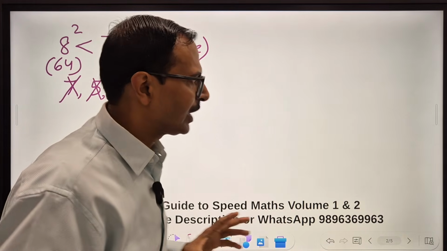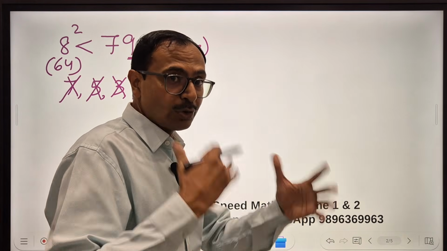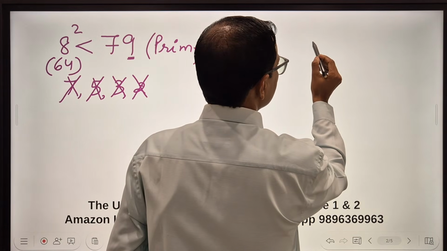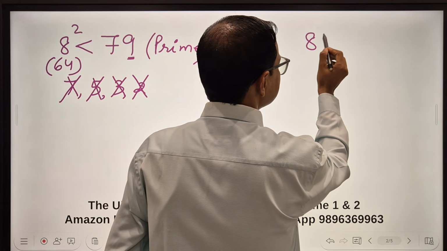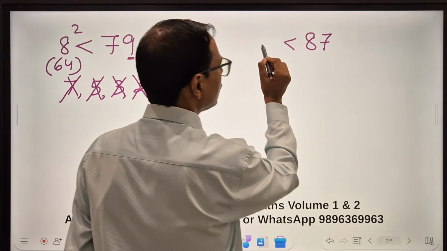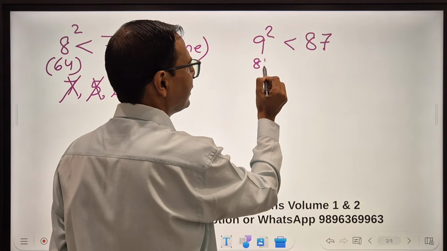Let's take another one. Then I'll go to the 3-digit numbers also, and that's where the trick is actually, okay? So suppose I'll take a non-prime number, like let's say 87. Now 87 is very close to 9 square, which is 81, right?